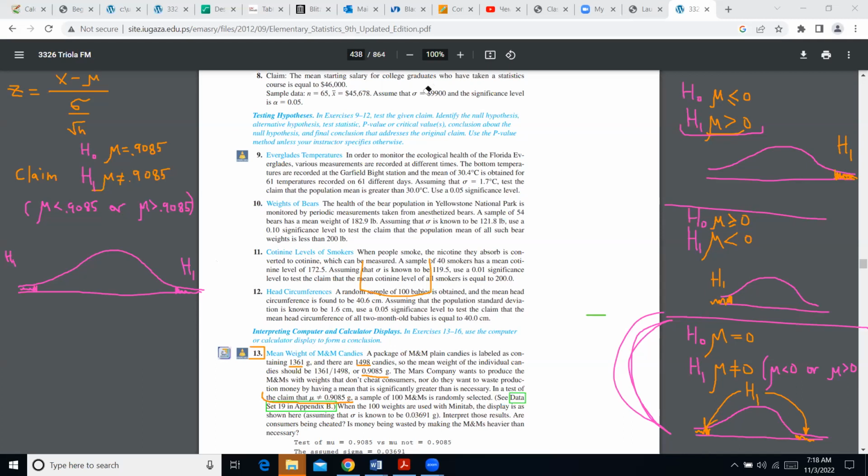And by the way, if H1 is in those two pieces, then the rest belongs to the opposite, which is called H0. So I need to always see where the border of this region is.